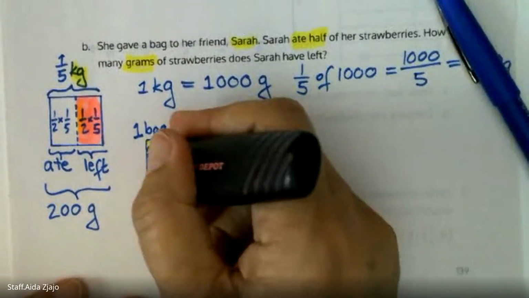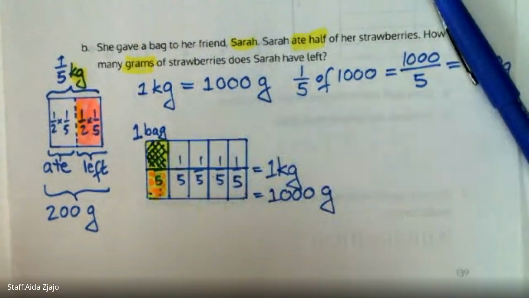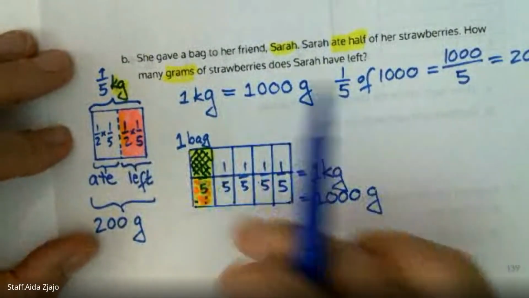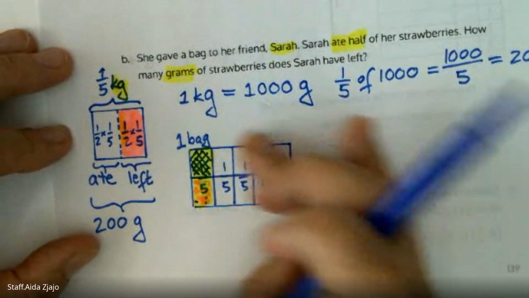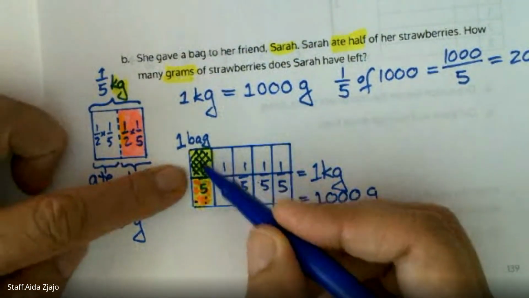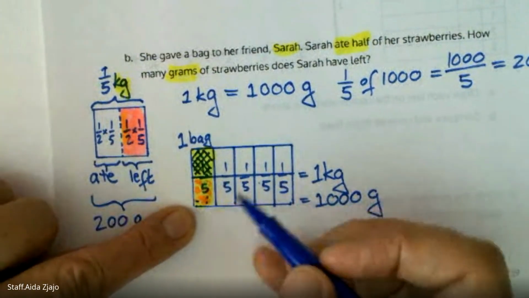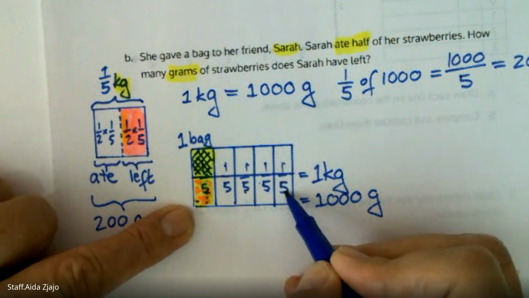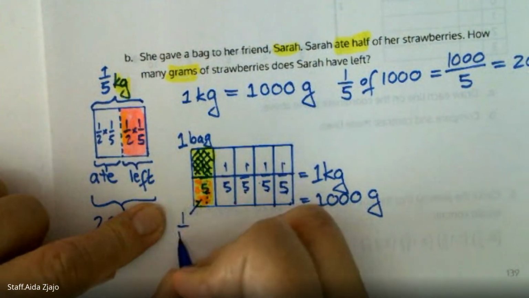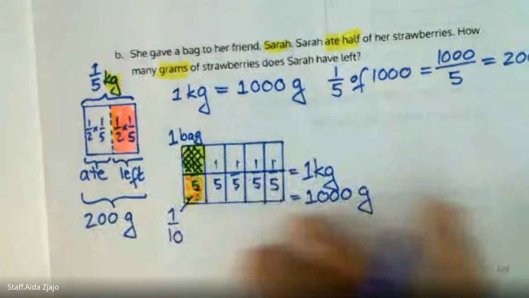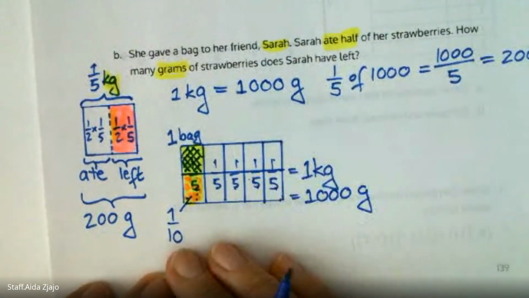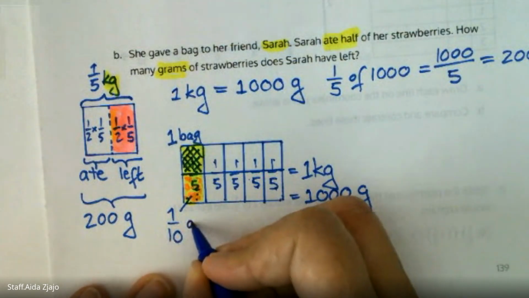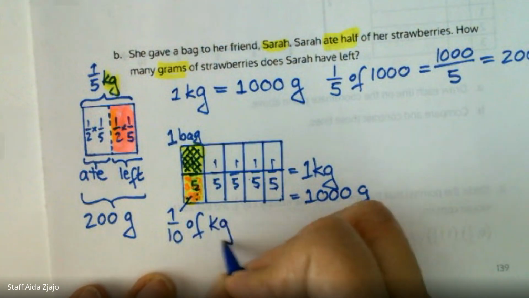So what is that part? Now when you think about the whole, this was 1/5 of the whole. But right now, this part is no longer 1/5. It's 1, 2, 3, 4, 5, 6, 7, 8, 9, 10. It's 1/10 of the whole kilogram. So what would be 1/10 of a kilogram?